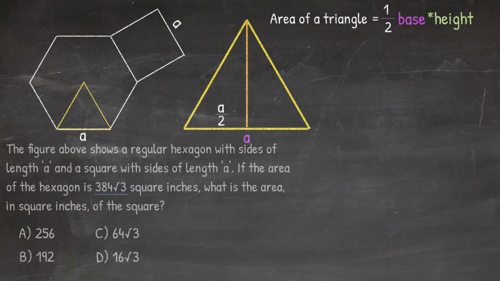The reason is that the full circle at the center of the hexagon is 360 degrees. And since our triangle is 1/6 of the hexagon, our angle at the triangle should equal 60.